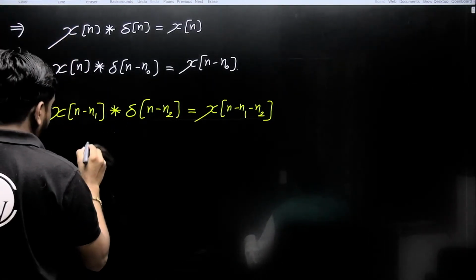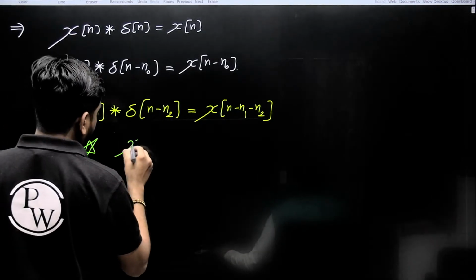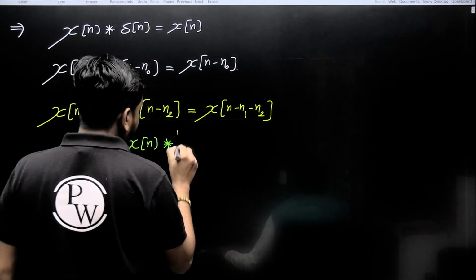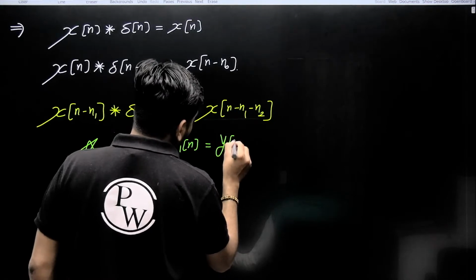We can write like this, guys: time shifting property and the linearity property. Suppose x of n convolution with h of n is equal to y of n.